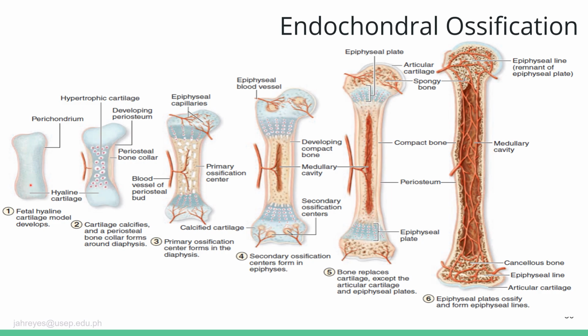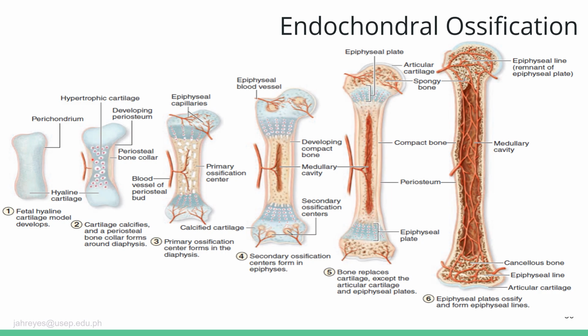So there will be an increase in length of this cartilage model, and the increase in length and width is due to addition of cartilage matrix because of the newly formed chondrocytes. Now, there will be the first sign of ossification here. So that forms a cuff around the cartilage model.